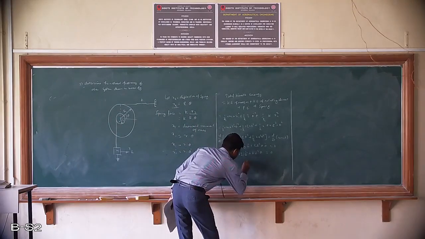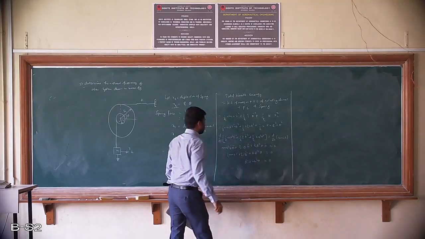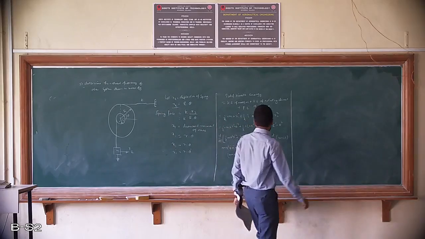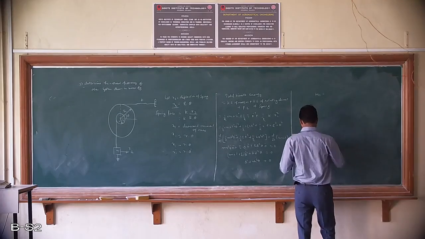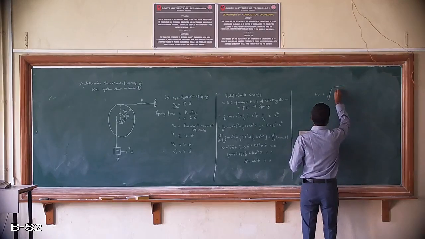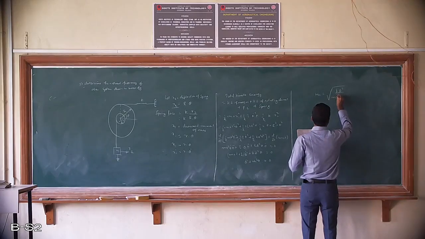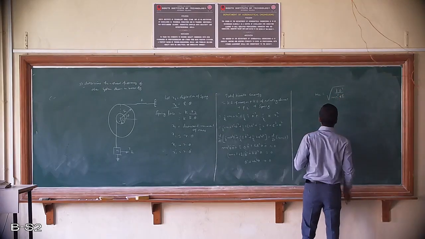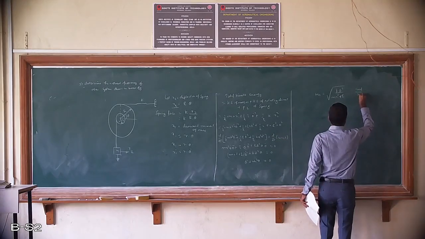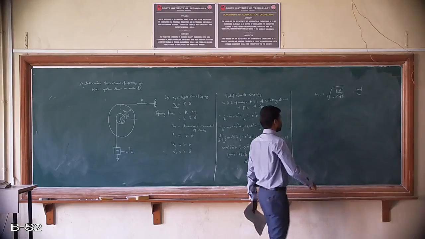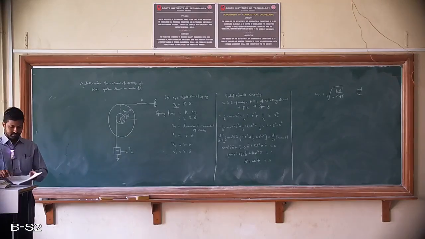Comparing this equation with theta double dot plus omega n square into theta is equal to 0, I can get the value of omega n as under root of k into r square divided by m r square plus I radian per second. So I can easily find out the value of omega n.